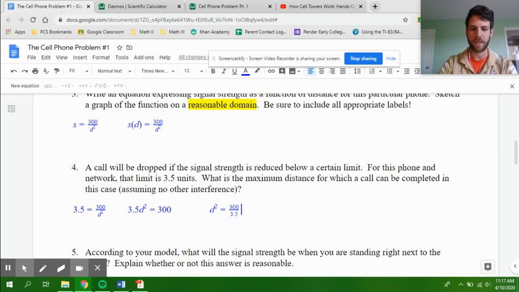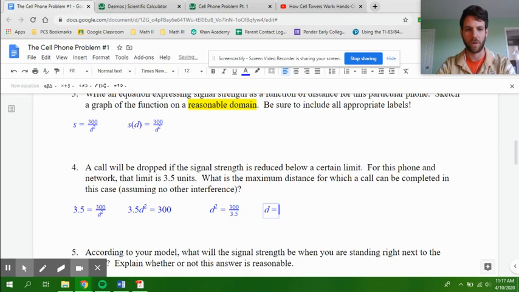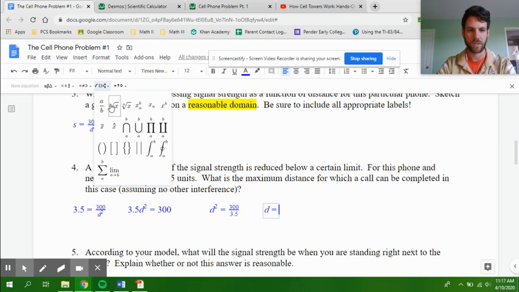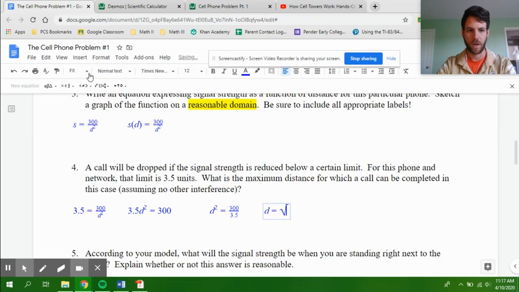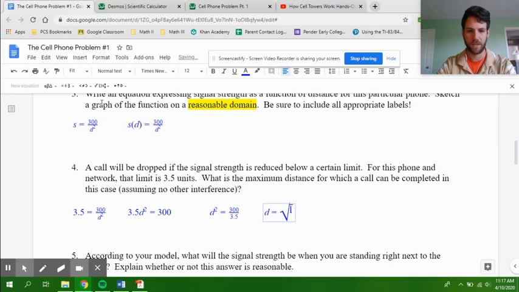And then you would take the square root of both sides. And so that would mean we'd have an equation of d is equal to the square root of that fraction of 300 over 3.5. And we can go to our calculator to figure out exactly what that is equal to now.